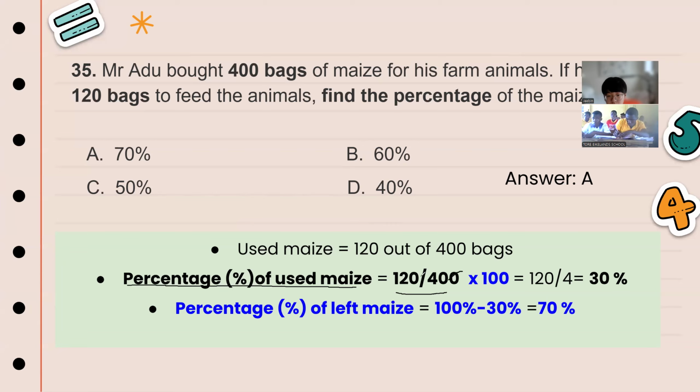So you can cancel out the 0 here, or more simply, you can just multiply 100 and cancel out by the 4 at the bottom. So we get 120 over 4, which is 30%.